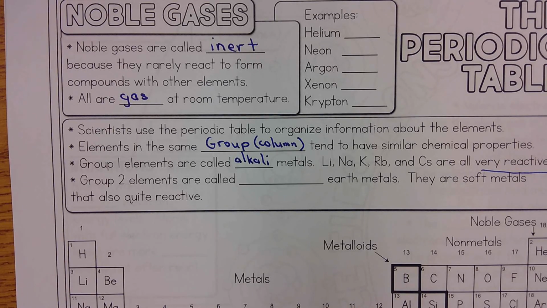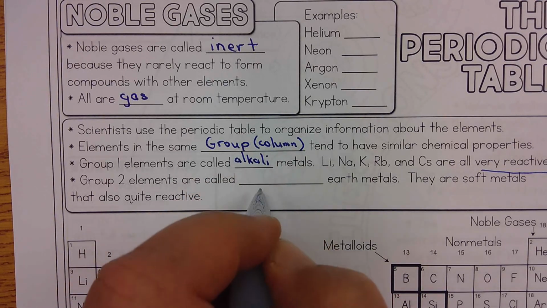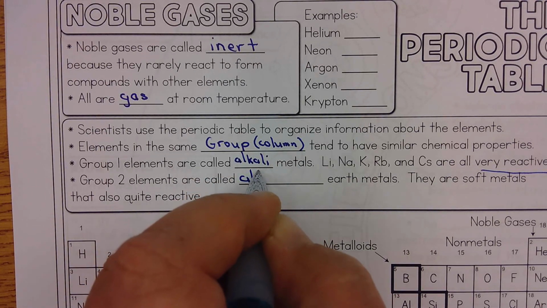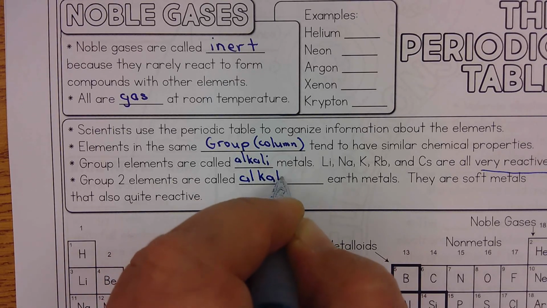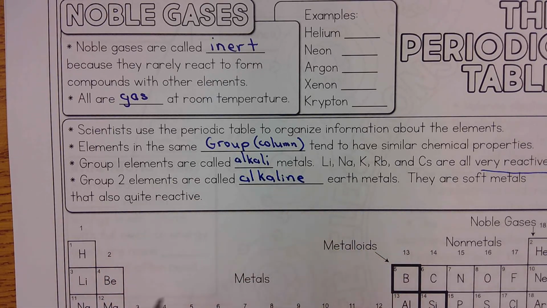So they react very strongly. The group 2 elements are also pretty reactive, not as much as group 1, but they're very reactive. They're called alkaline earth metals, A-L-K-A-L-I-N-E. Besides the noble gases, those are really the only 2 columns that have names. The alkali metals in the first one and the alkaline earth metals in the second one. Both very, very reactive.